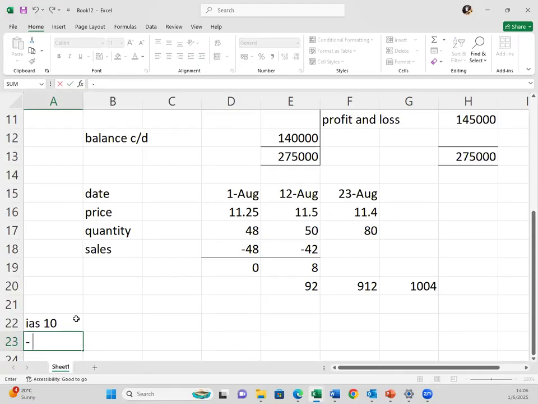If you're looking at adjusting events, we are saying these are events after the reporting period, but that show that they existed before the accounting year. So these are events that show conditions that existed before the year end.